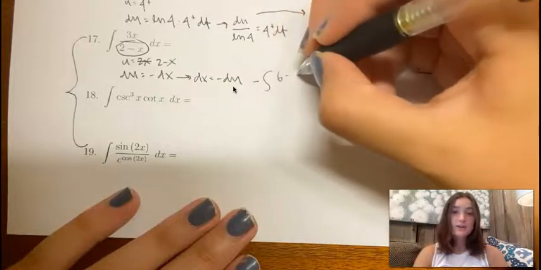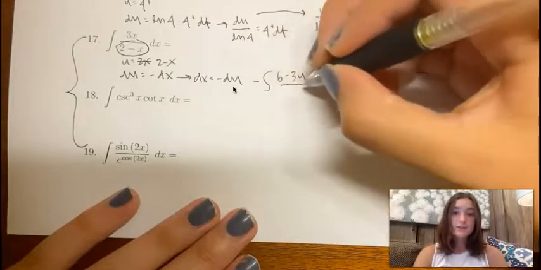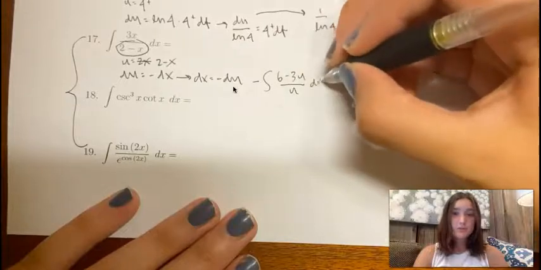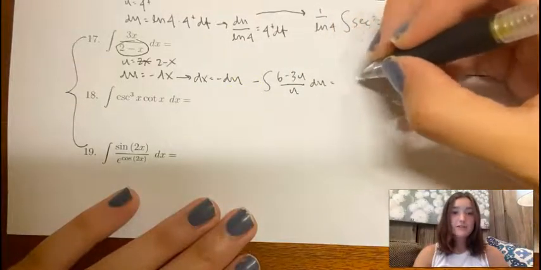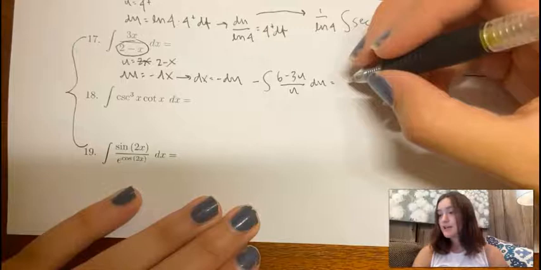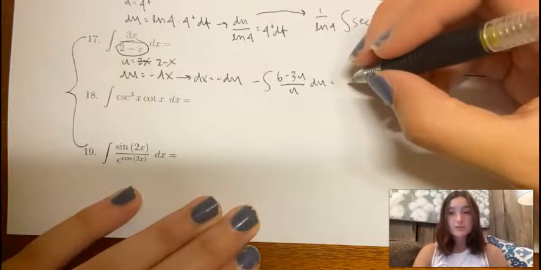So we've got negative integral 6 minus 3u over u. Okay, so the reason that number 17 is a little bit different is because it's kind of like number 12, where we didn't actually have a u sub, we just had a split numerator, and it's something that you just have to notice. So this actually looks pretty similar. We've got a single variable on the bottom, that u, and then we've got a subtraction function on the top.